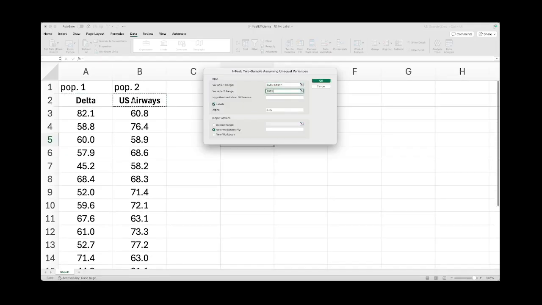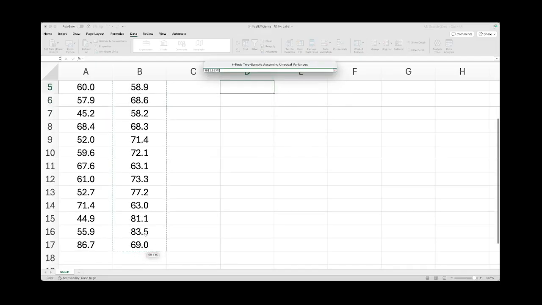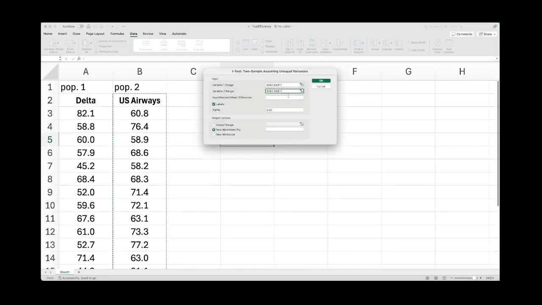And then for variable 2, I'll select B2 to B17. My hypothesized mean difference is the difference in the null hypothesis. In my null, I had that the difference in means was equal to 0, so that number on the right-hand side goes in the hypothesized mean difference. And then my alpha is 0.05. And let's put the output right here.